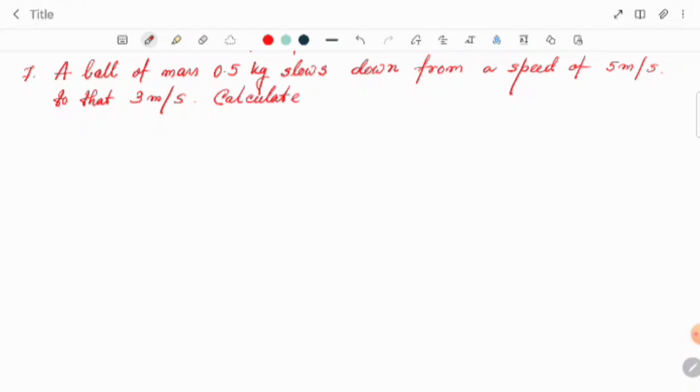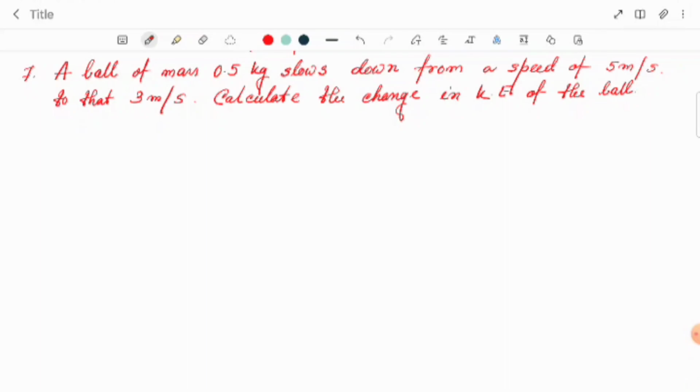Calculate the change in kinetic energy of the ball.